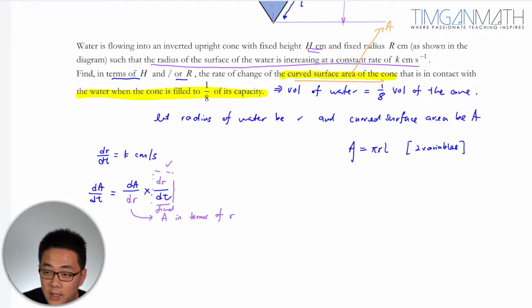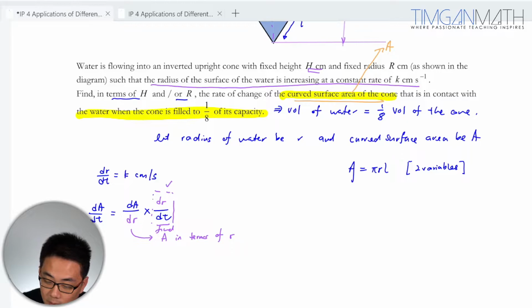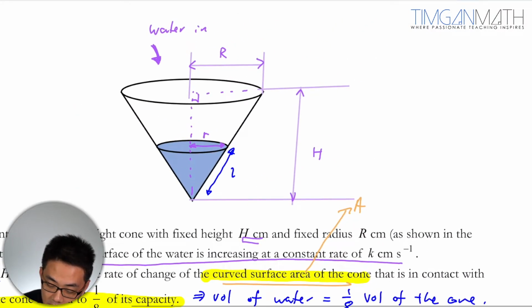So what we're going to do next is look at this slant height here, and you can use similar triangles. By using Pythagoras' theorem, this over here will be the square root of r squared plus h squared.